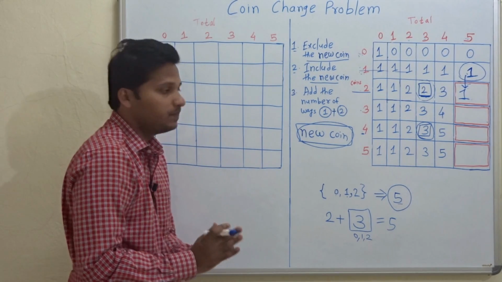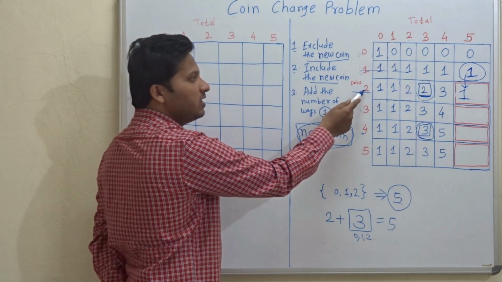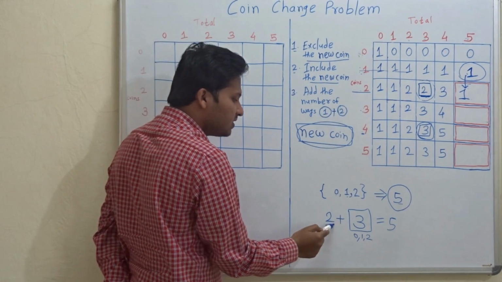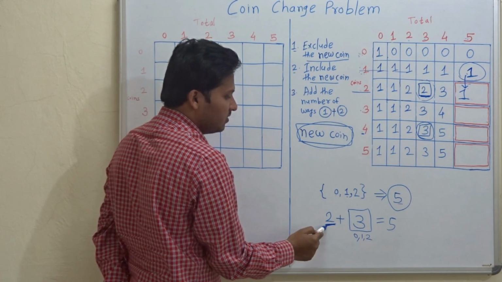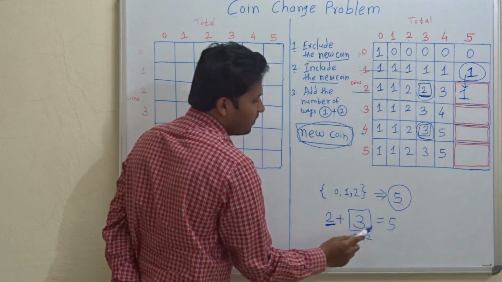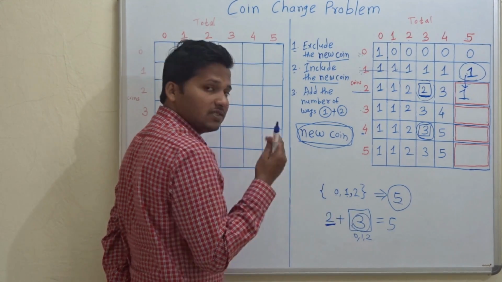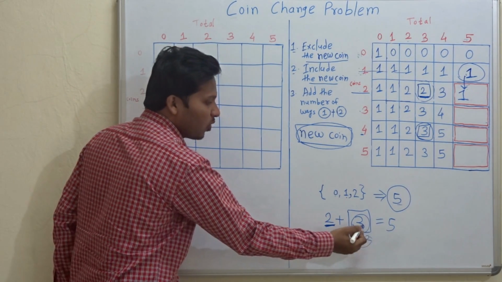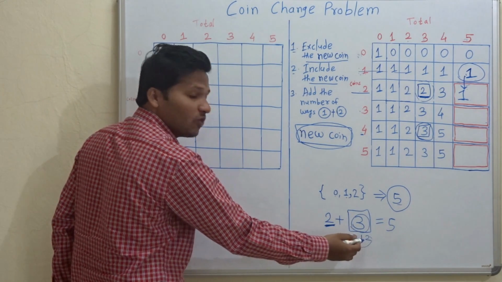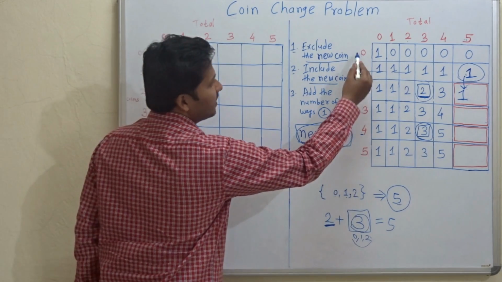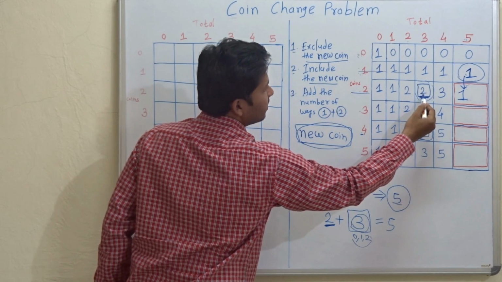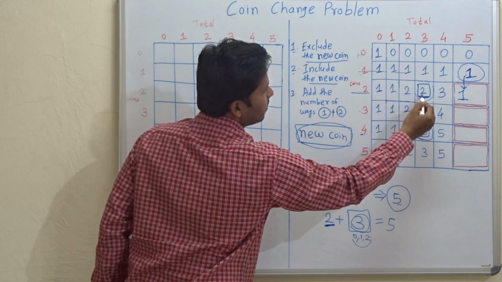I will tell you again: if we use this coin in addition, the remaining amount is 3. So the problem drills down to making a total of 3 by using coins 0, 1 and 2, and the number of ways is equal to 2.